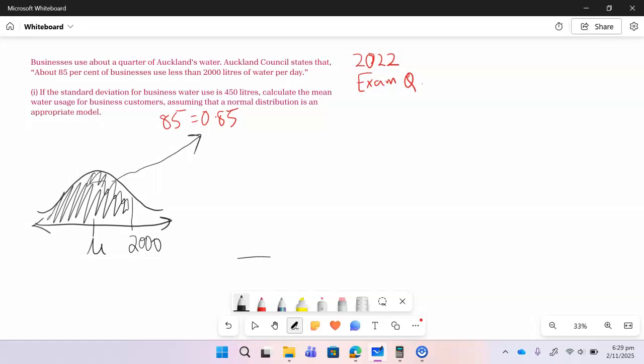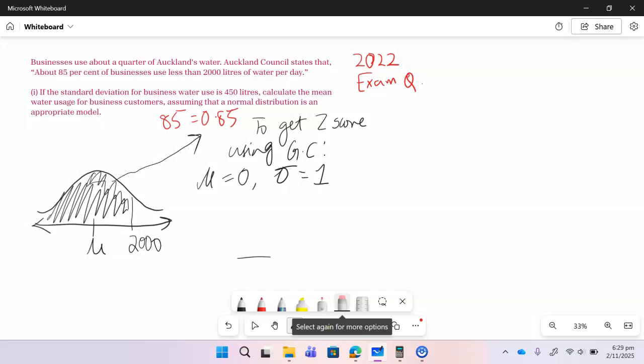Great. Same drill again. We are going to first calculate the z-score from the graphics calculator. Your mean is 0, standard deviation is 1. That's unfortunately something you need to remember.